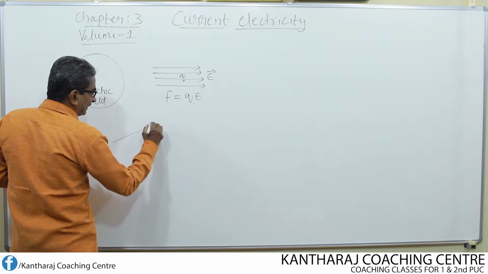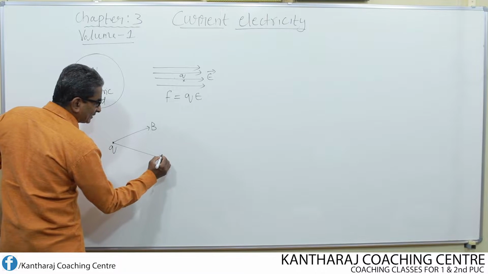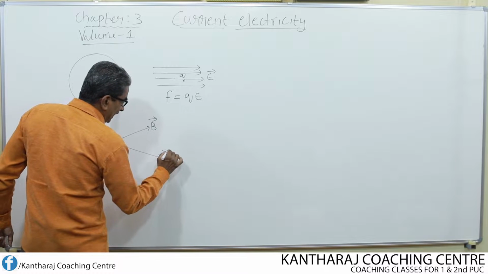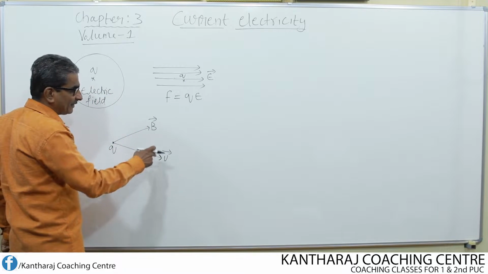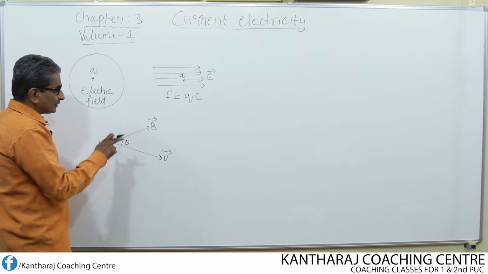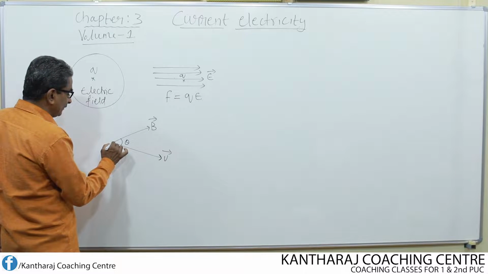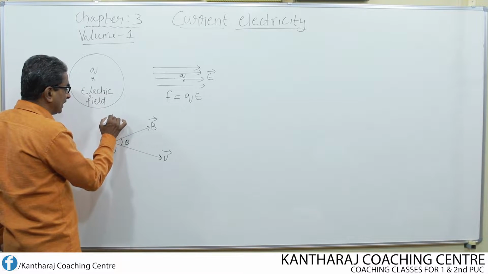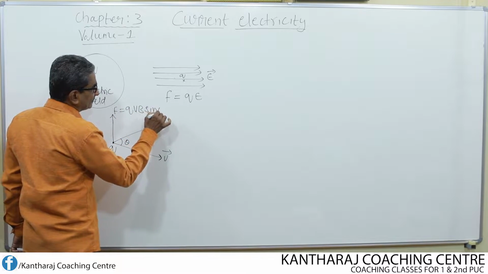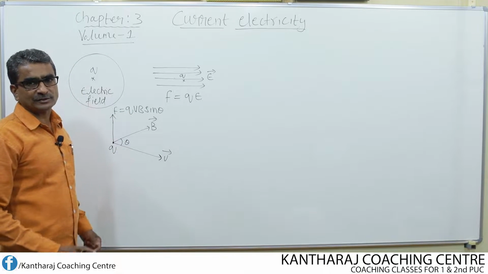If there is a magnetic field B, and we make a charge q move with a velocity v, such that the magnetic field B and the velocity, both vector quantities, make an angle theta with each other, then the force acting on this charge is given by qvB sin theta, which is known as the Lorentz magnetic force.